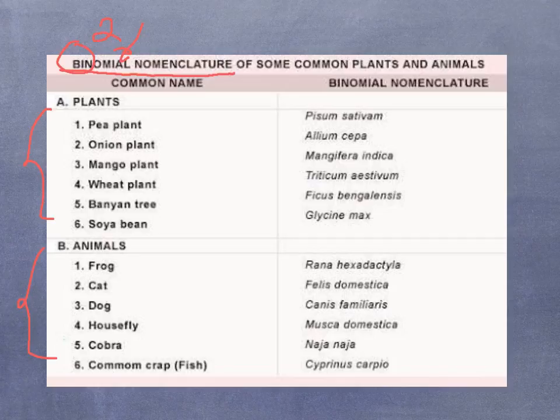For example, the onion that you eat in a sandwich, a salad or a stew has the scientific name of Allium cepa. Wheat, the one that you use to make cakes or bread, has this scientific name. Remember, they are always written with the first word in capital letter and the rest in lowercase.